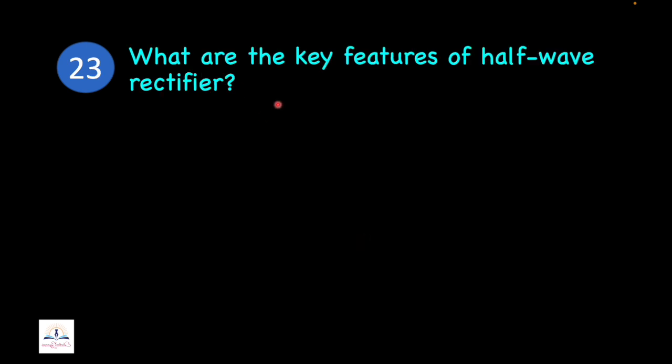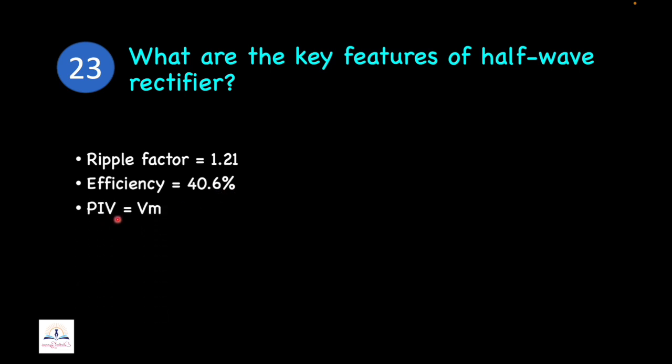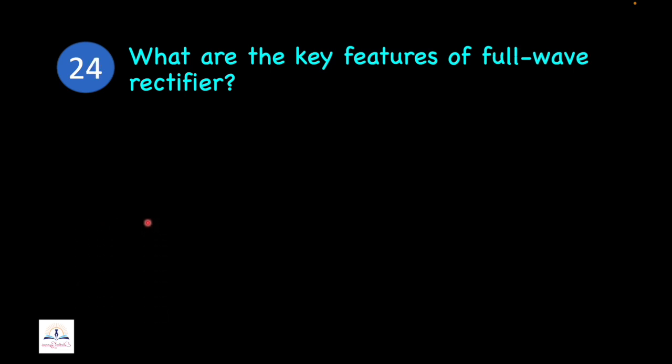What are the key features of half wave rectifier? The half wave rectifier has a ripple factor of 1.21. Its efficiency is almost 40.6%. Its peak inverse voltage is Vm. Now, what are the key features of the full wave, that is center tap rectifier?